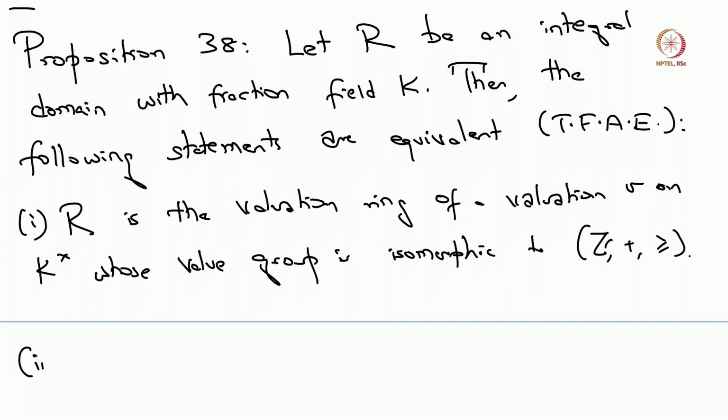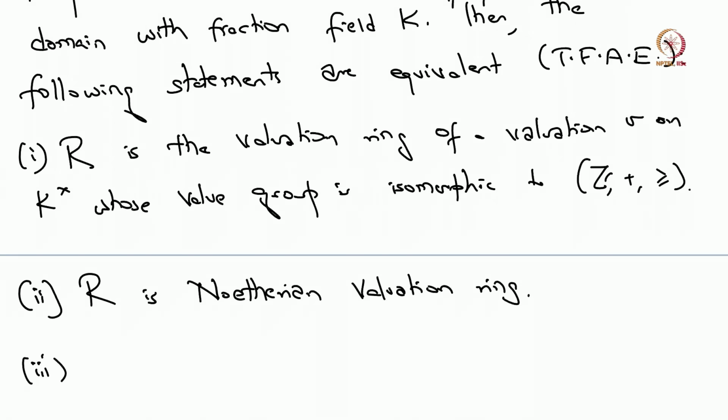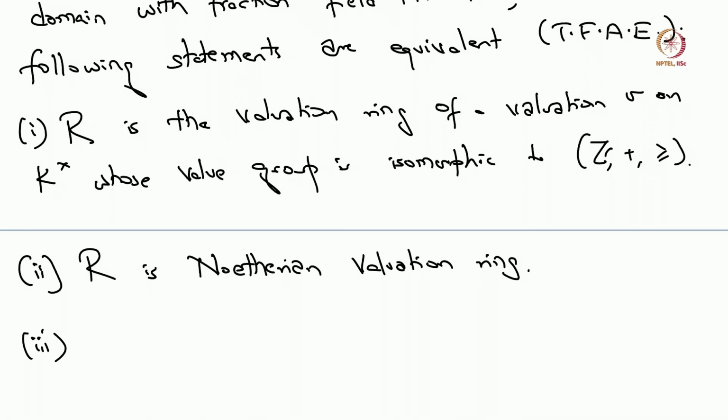The second characterization is that, again, R is a valuation ring, but it has this commutative algebraic property that it's Noetherian. So R is a Noetherian valuation ring. The next two characterizations will be purely algebraic. Third, R is a PID with unique maximal ideal.